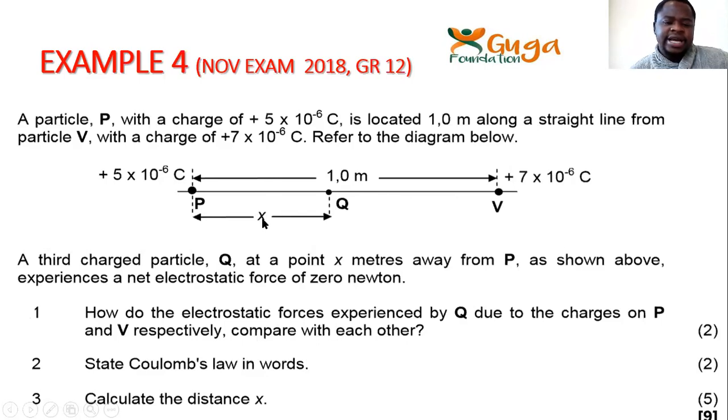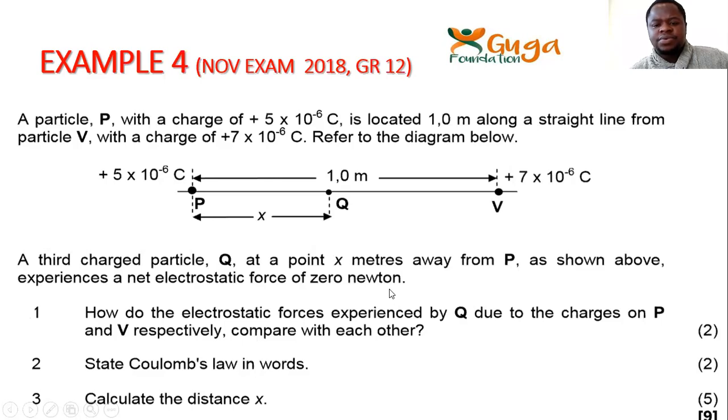For you to get the distance x, you can calculate the force F of PQ, since you have the distance x, and then you can also calculate the force between VQ, where the distance here is 1 minus x. And then we are also told that the net force is 0. So F net is equal to F1 plus F2 is equal to 0.